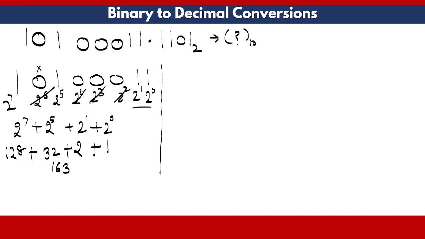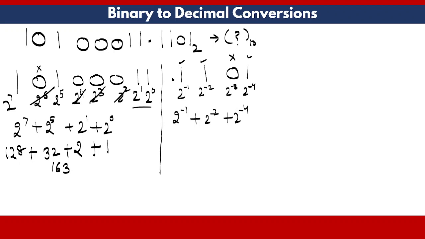Now let us perform the calculation for the fraction part. So we will use the sum of weight method. We will write 2 to the power of minus 1, minus 2, minus 3, minus 4. We'll just add the weights where the bits are 1, and we will leave out the weight where the corresponding bit is 0. So this becomes 1 by 2, 1 by 4, and 1 by 16.